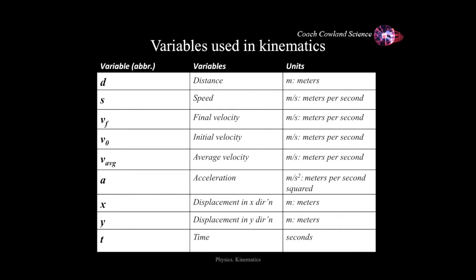Now, distance, speed, and time go together, and generally speaking, we don't have speed and velocity in the same equations. We use velocity, average velocity, acceleration, and if displacement is in the x direction, we use the variable x, and if displacement is in the y direction, we use the variable y.